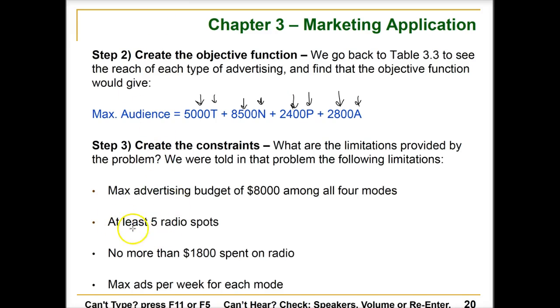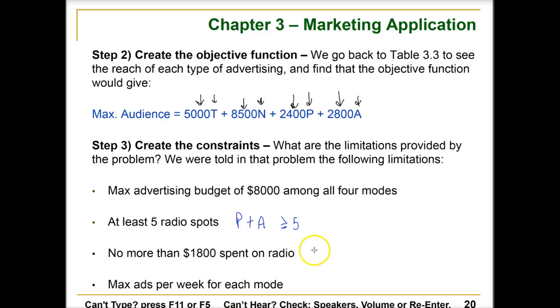All right, so at least 5 radio spots. So we know that we have the prime time spots plus the afternoon spots, and it has to be greater than or equal to 5, because we need the total of those to be 5 or more. We also know that we don't want to spend any more than $1,800 on radio.